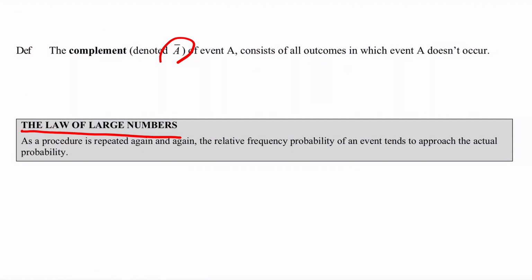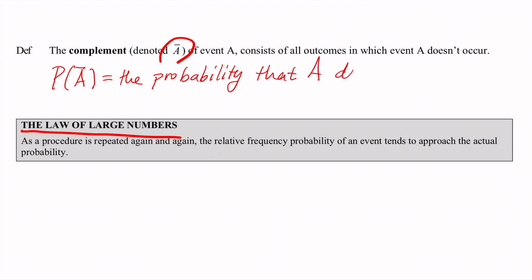So for instance here, if I say the probability of the complement of A, so A bar, that would be the probability that A doesn't occur. Versus if I just have the probability of A, well, that's the probability that A does occur.